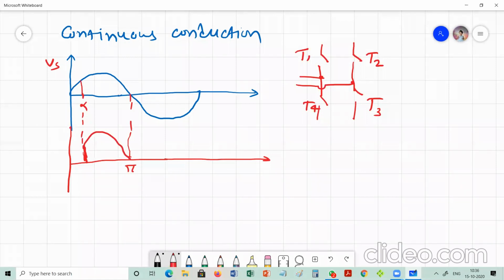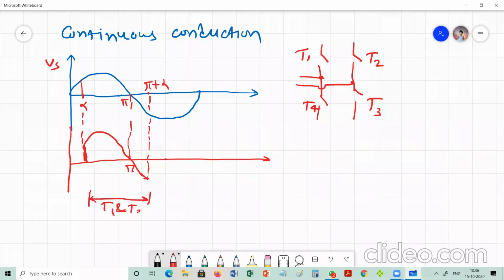Suppose at this instant, pi plus alpha, we give the firing pulse to the other set, T2 and T4. Till T2 and T4 turn on, T1 and T3 remain in conduction. So this is the conduction period for switches T1 and T3.